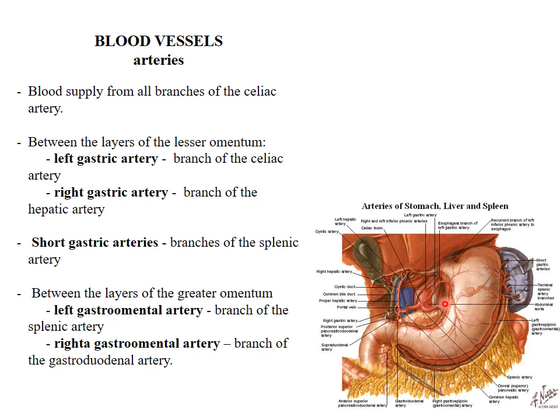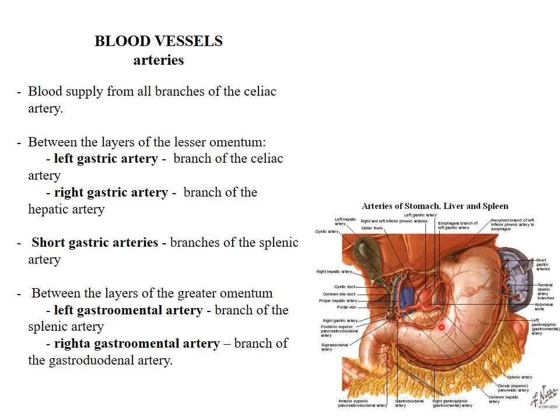Between the layers of the lesser omentum and parallel to the lesser curvature, there are two arteries. First is the left gastric artery, and the other one is the right gastric artery. The right gastric artery is a branch of the hepatic artery.